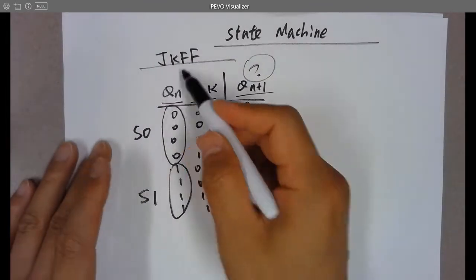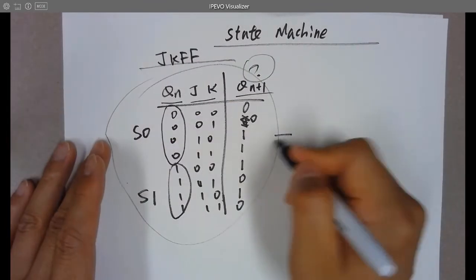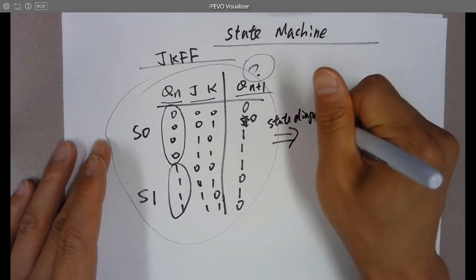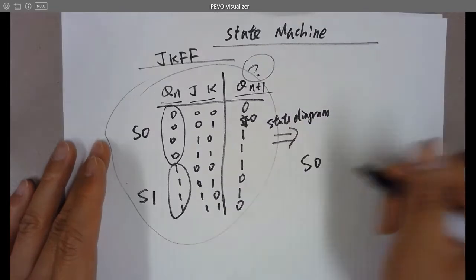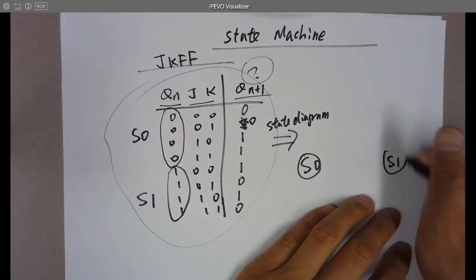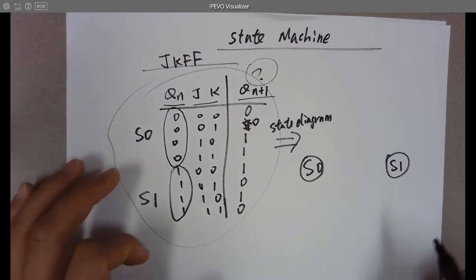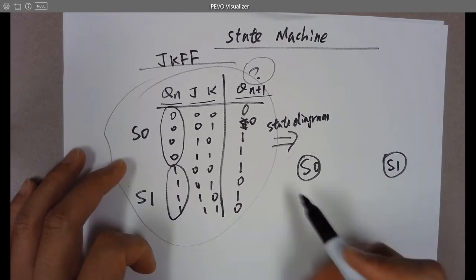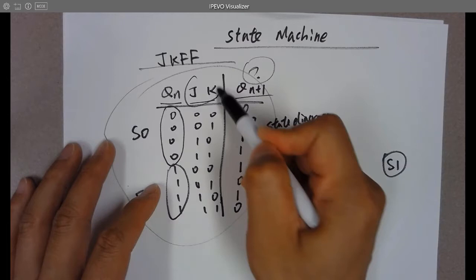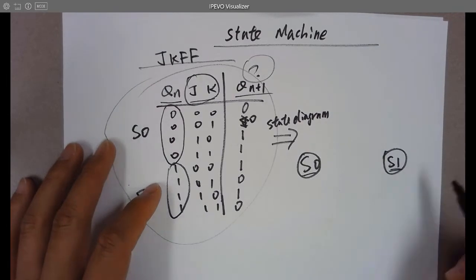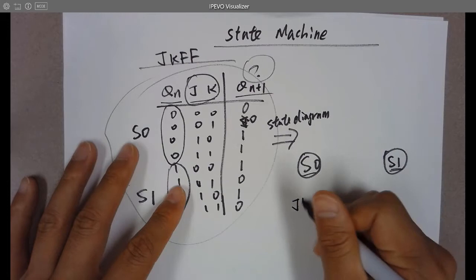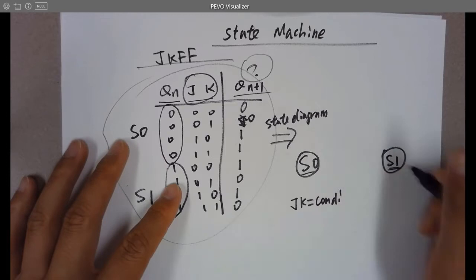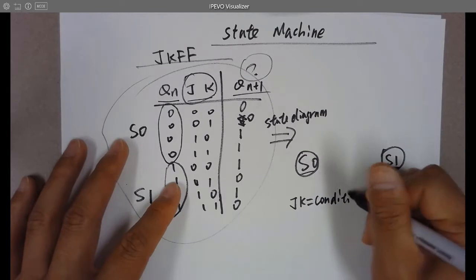And now we can convert this into a state diagram or state machine. So S0 is the first state, right? And S1 is the second state. And now let's see when this is staying at the same state or jumping to another state. We are using JK since we already have the state here as Q. And JK will be the condition for the jumping between states or to itself.